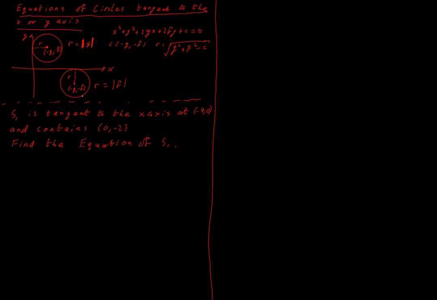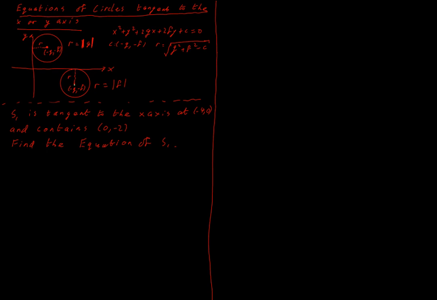Likewise, we can see from the picture, if we were tangent to the x-axis, the perpendicular to the tangent goes through the center, so our radius here would be going perpendicular to the x-axis. And that means that our distance here must be the same as the value of the y-coordinate of the center of our circle. We're starting at y is 0, and in this case we'd be going down to f.